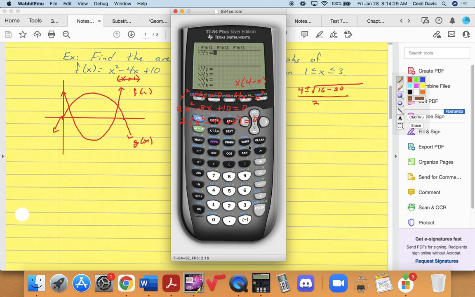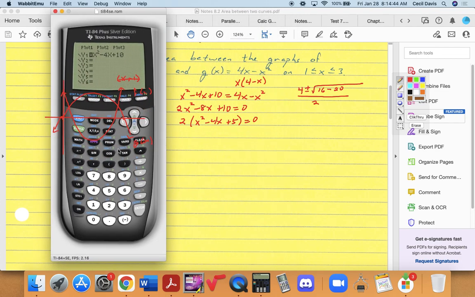So x squared minus 4x plus 10. Watching the answers. No real roots. And the other one is 4x minus x squared.